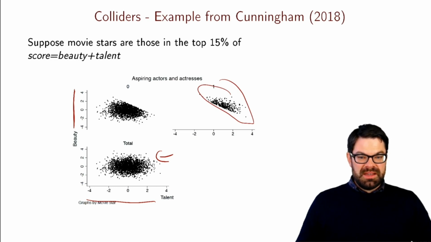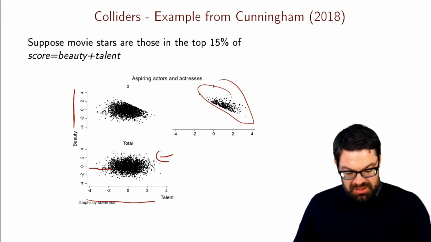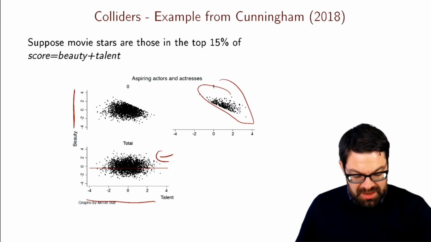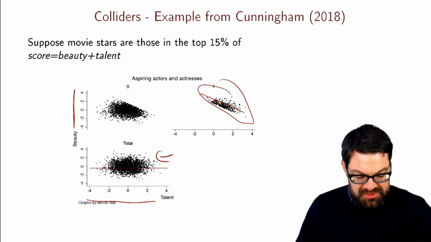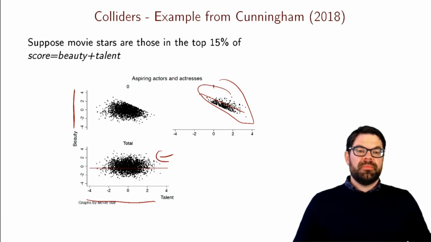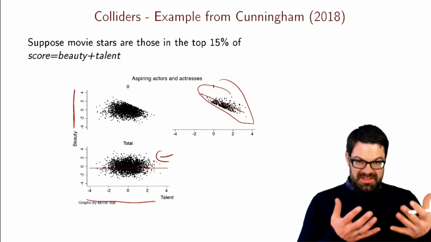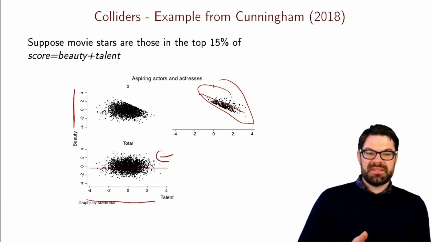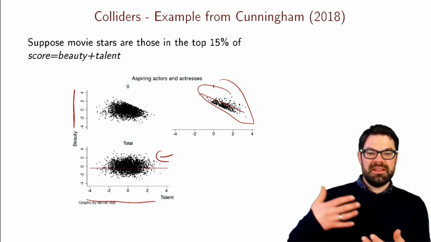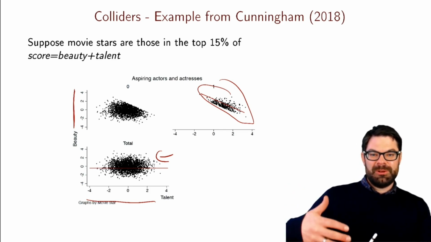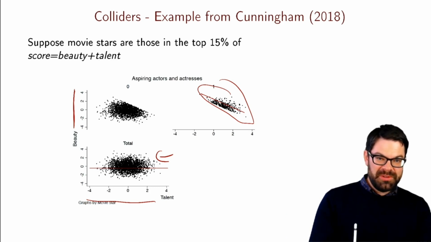And you can clearly see that while in the total population you have virtually no relationship between the two, it's very clear that just by taking this slice of the data, we all of a sudden have a negative relationship. Right? And a lot of people may simply not be aware of this bias, because you could obviously say, okay, I want to do a study that is representative of movie stars, then that's probably not a problem.